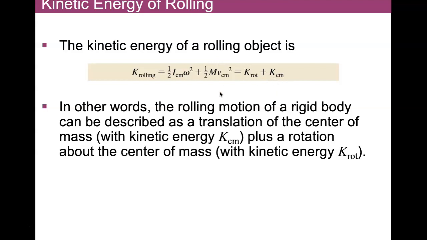The center of mass kinetic energy is just 1/2 the total mass of the object times the velocity of the center of mass squared. The rotational contribution is 1/2 the moment of inertia around the center of mass times omega squared. All right. So now let's do some examples.